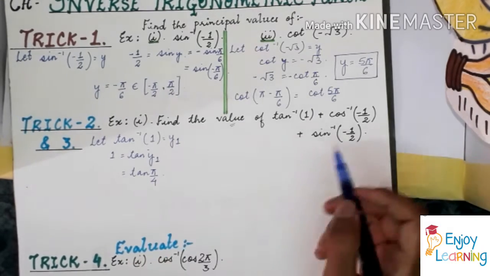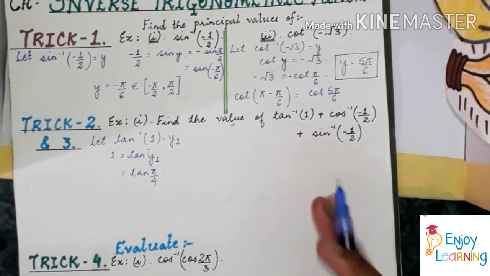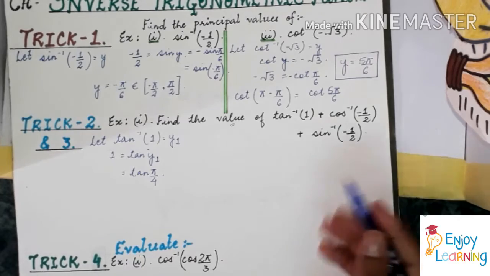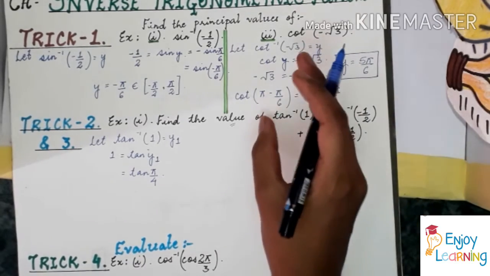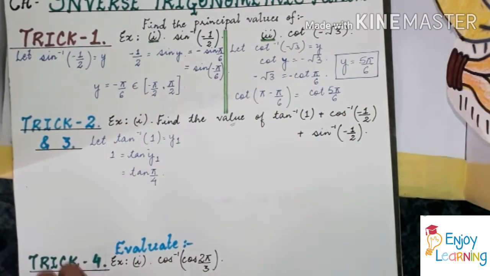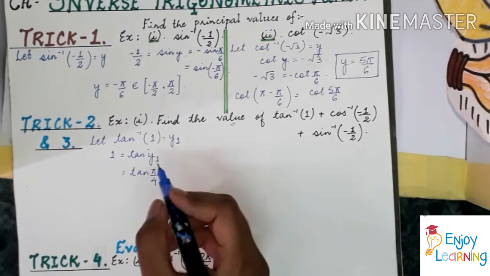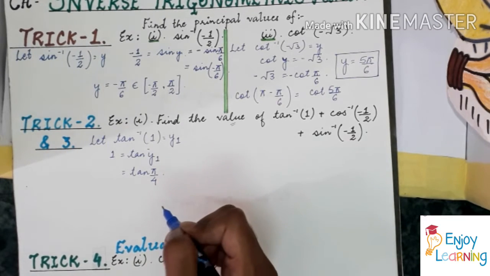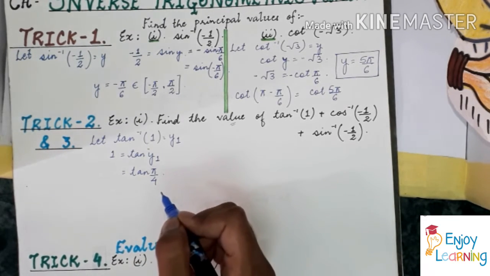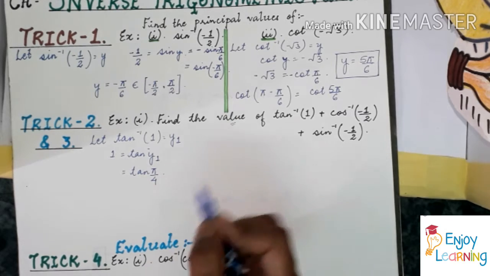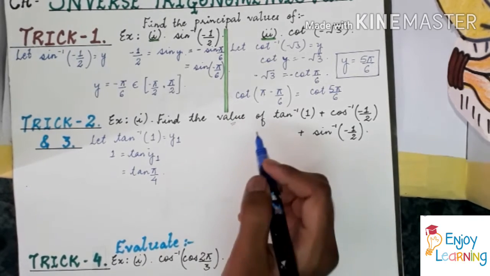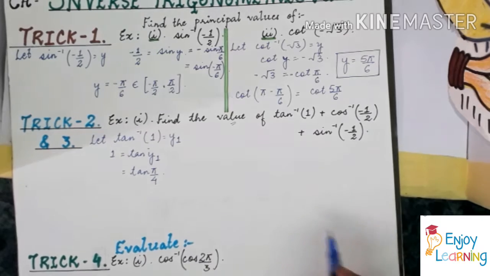So you are solving this question separately in different parts. You have taken the inverse trigonometric function individually and then let it. So can you say that y1 is equal to pi by 4? First you have to check the principal value branch. Why? Because here also you have to find the principal value of this function. So keep in mind the principal value branch.